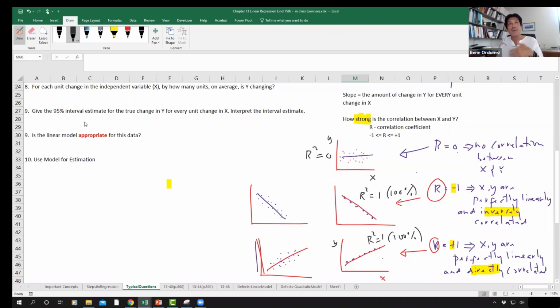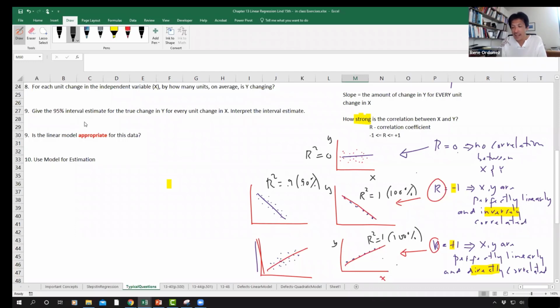X is a perfect predictor for y, either in this case or in that case. But as the observed values disperse around the regression line, here the r squared value will probably be maybe 0.9 or maybe 90%.